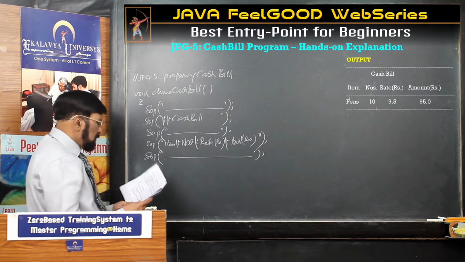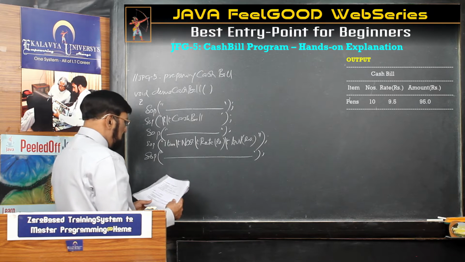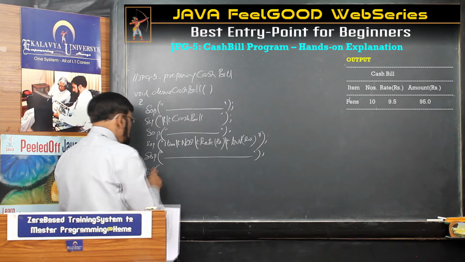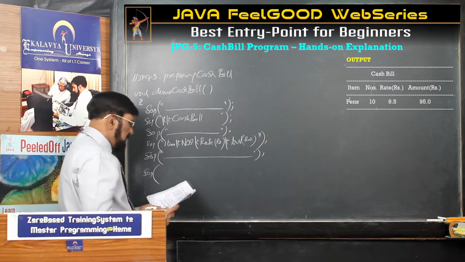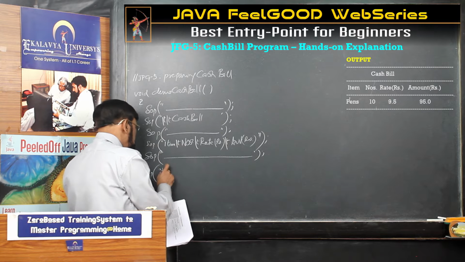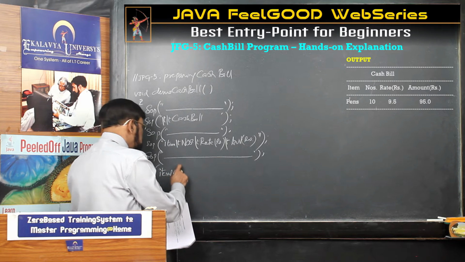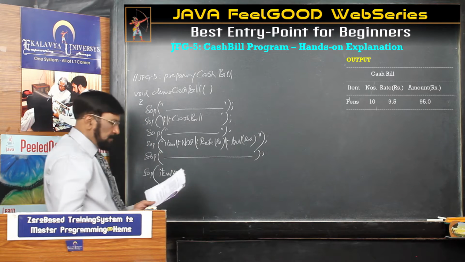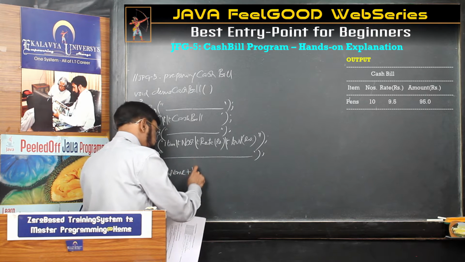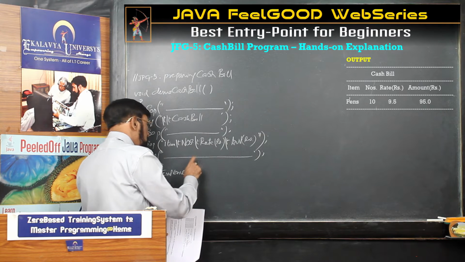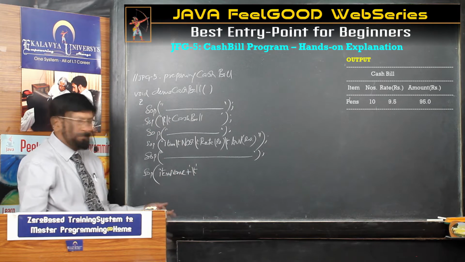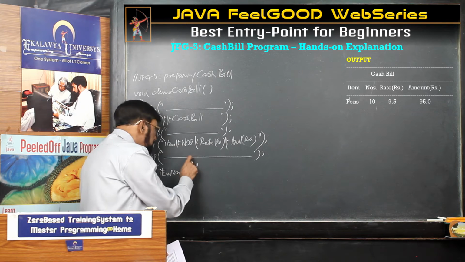That's it. Thereafter, what is required? SOP. Now we have to write the corresponding variables. Corresponding variables means whatever spelling case you have used, the same thing. Item name. After item name, don't use a comma, use plus. Now the horizontal tab we have to put as a string, otherwise it leads to an error.